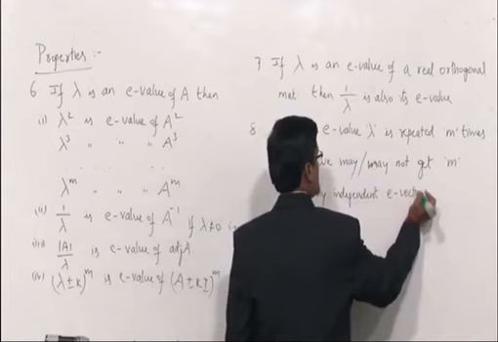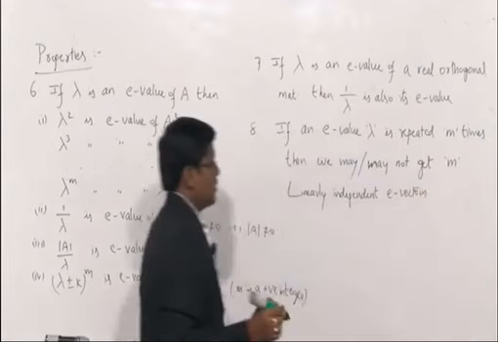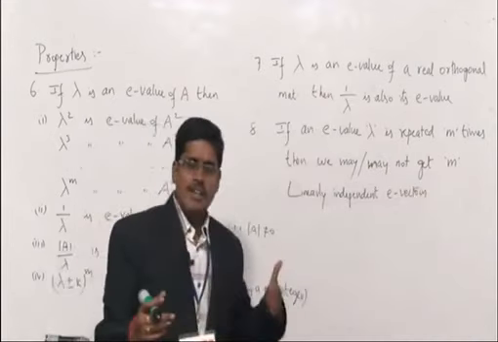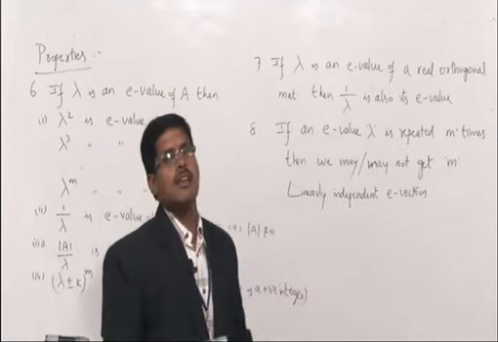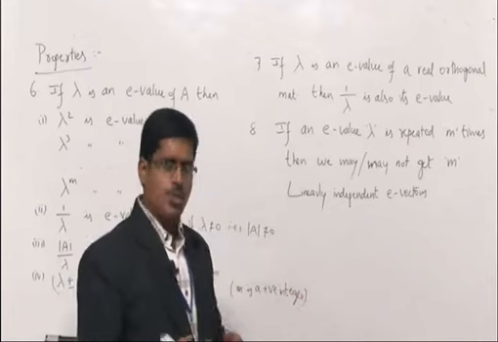I told you linear independence. Okay, that means suppose lambda is repeated 3 times, we may get 3 linearly independent vectors or fewer than 3 linearly independent vectors. Linearly independent, I showed you the procedure also.